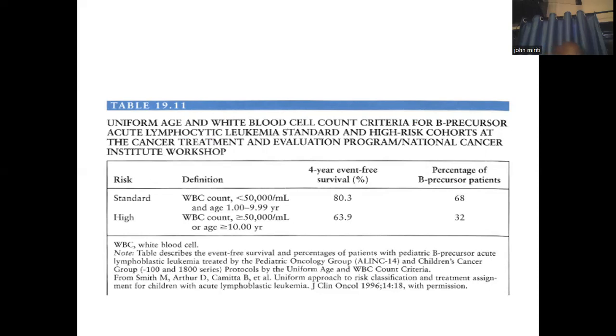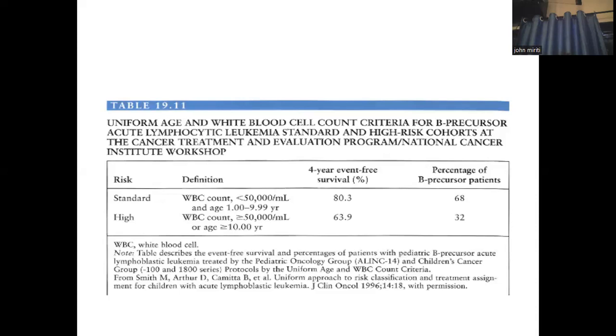White blood cell count less than 50,000 per microliter: the 4-year survival rate is 80%, and for B precursor it is 68%. Then, white blood cell count more than 50,000 or age more than 10 years: 63.9%, and for the B precursor patients it is 32%.